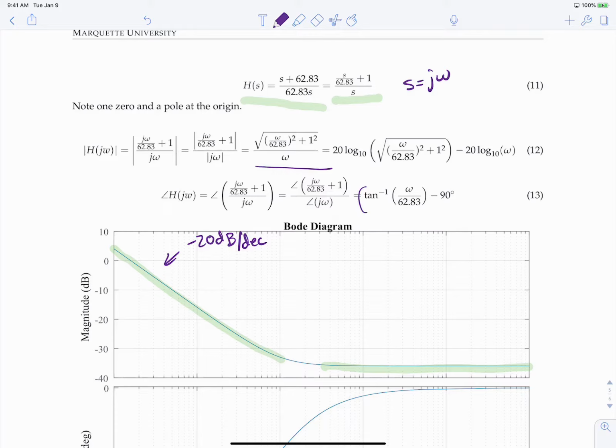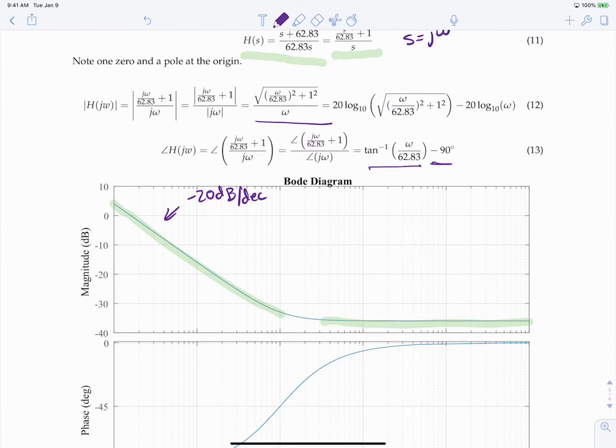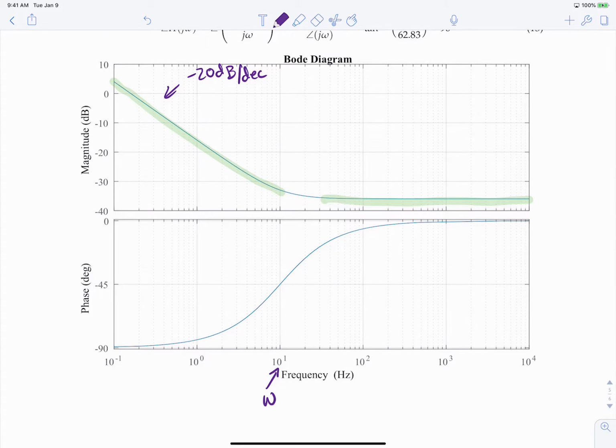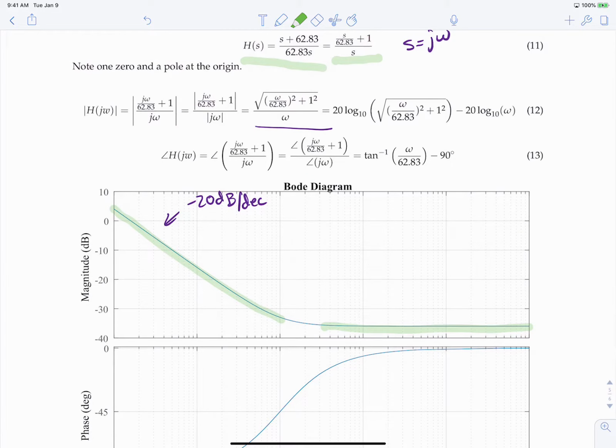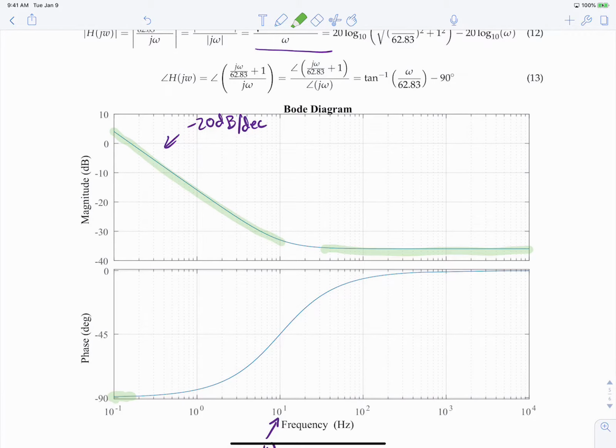At really small omega this term is 0, but what you get from this minus right here is minus 90 degrees. So at really low frequencies, omega close to 0, you start at minus 90 degrees. At really high frequencies, you can see that this tan inverse will be 90 degrees. So 90 minus 90, you'll essentially roll back to 0 degrees on your phase plot. So this is much, much greater than, in our case, let's just write it as omega z.